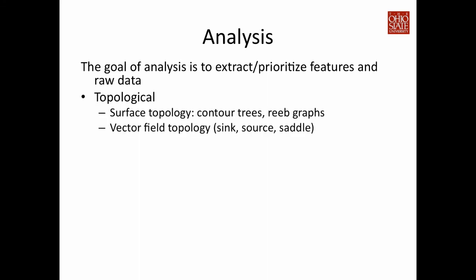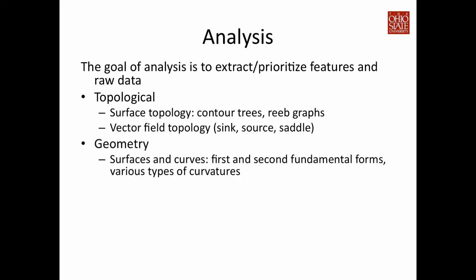Because oftentimes the output of visualization has the form of geometry or images. So the kind of analysis involved in visualization can be topological, such as we figured out the surface topology or vector field topology of the data.